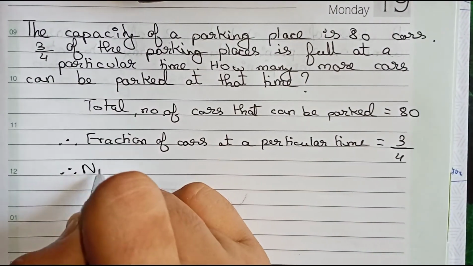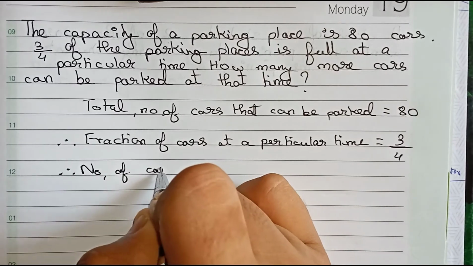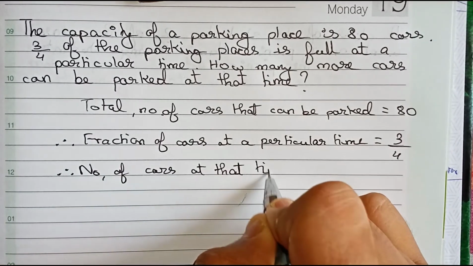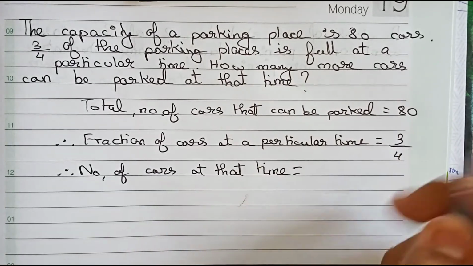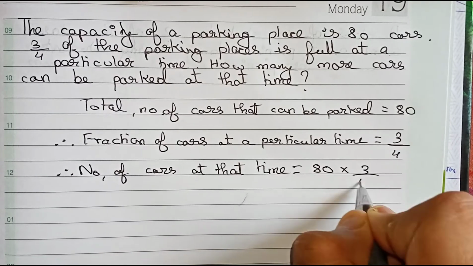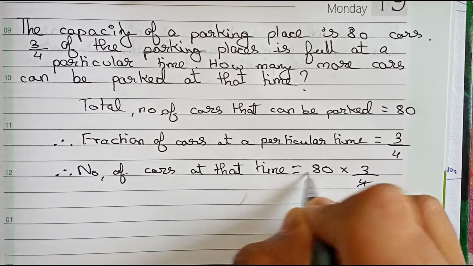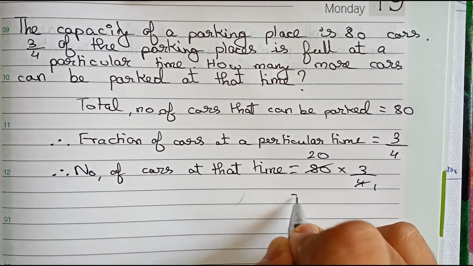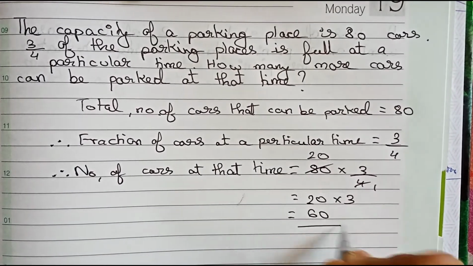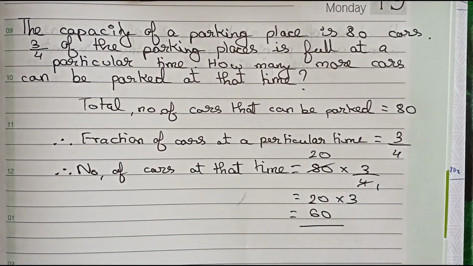So now I will find the number of cars at this particular time. So therefore the number of cars at that time is equal to, you have to multiply 80 into 3 by 4. So first you cut 4 and 80, it becomes 20. So it becomes 20 into 3, which becomes 60 cars. So the number of cars at that time is 60.